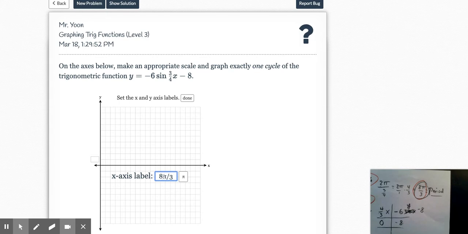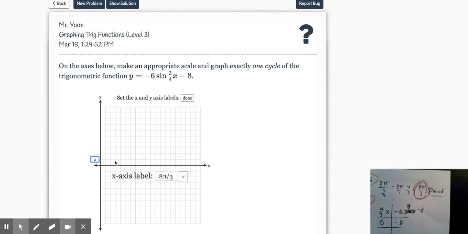The X label will be 8 pi over 3, and the Y label, I just put 1 every time, because 1 is the value of each of these lines. And so you have a vertical shift of negative 8. It's going to go up and down 8. If you want to make it 2 so you're not making your dots too high up on the graph, that's fine too. But this is less important than getting this piece right. You're just going to want this number to be some comfortable number where you know the main points in the graph are going to fit.